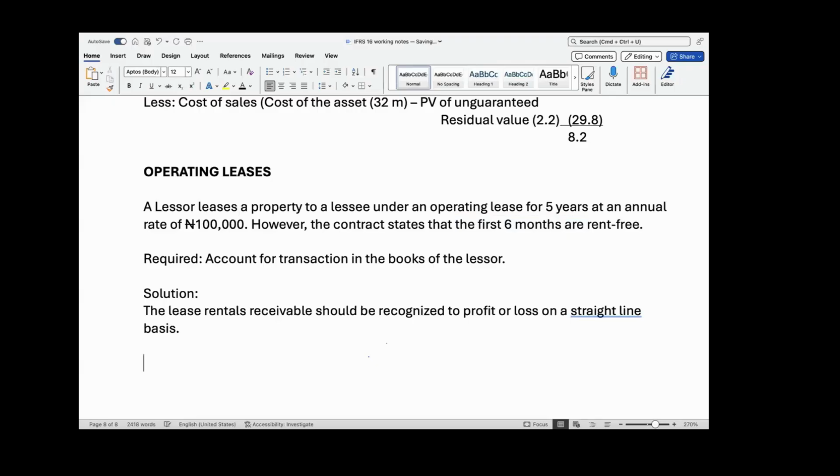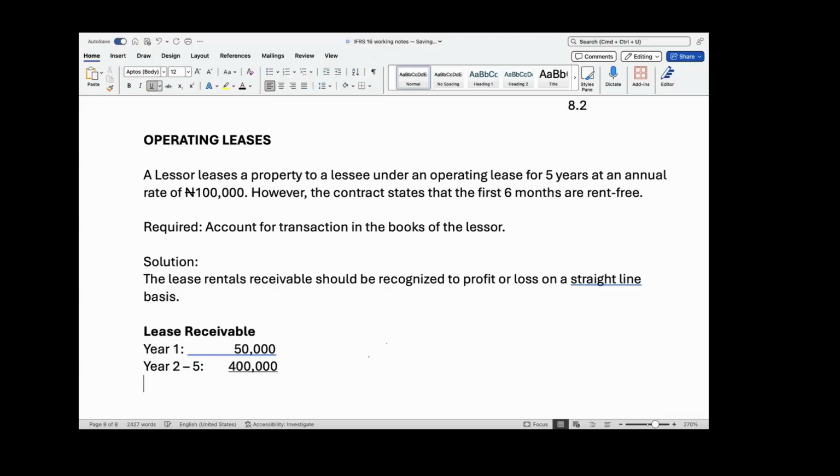So in this case, I will need to get the lease receivable first. Then I can spread that equally over 5 years. So in year one, this guy is expecting 50,000. And in years 2 to 5, that's 400,000 because you will get 100,000 for each year. So over the lease term he is expecting 450,000.